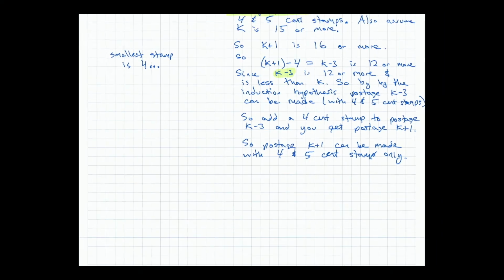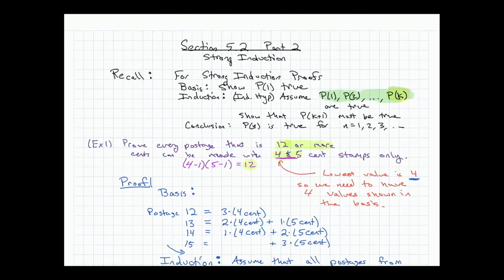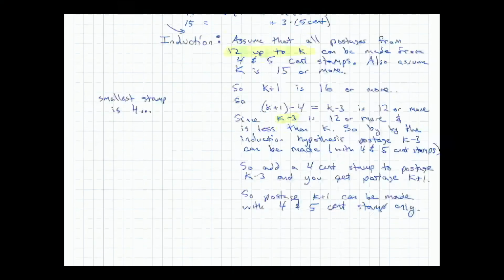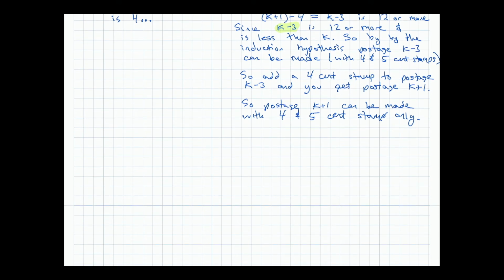All right. So that's the induction part of the proof, right? Look at what you were supposed to do here for strong induction: show that P of k plus 1 must be true. So that was this: postage k plus 1 can be made with 4 and 5-cent stamps. All right. So that's the induction part.